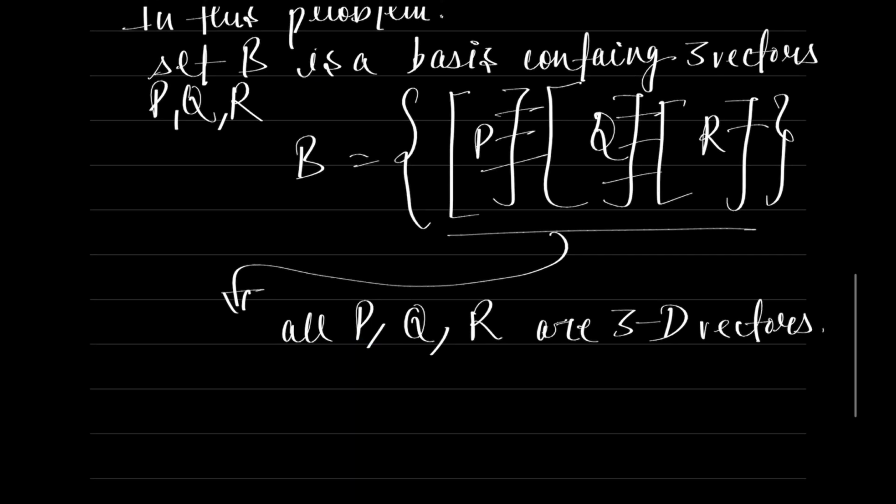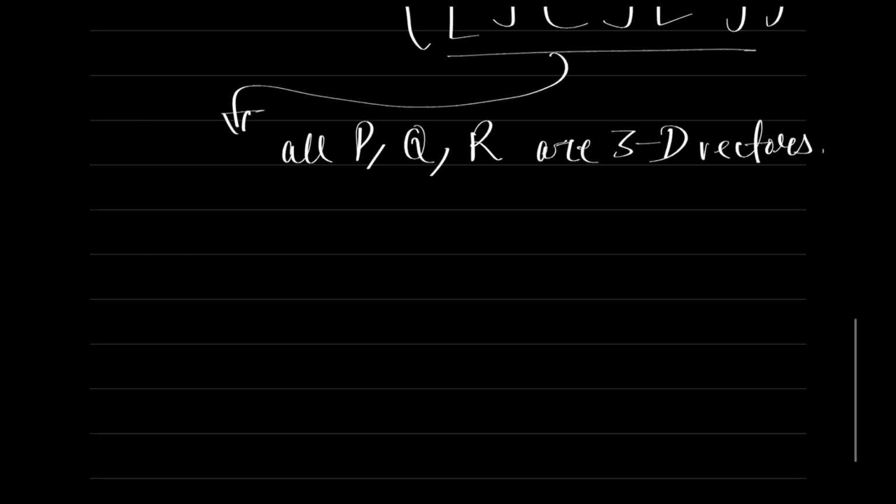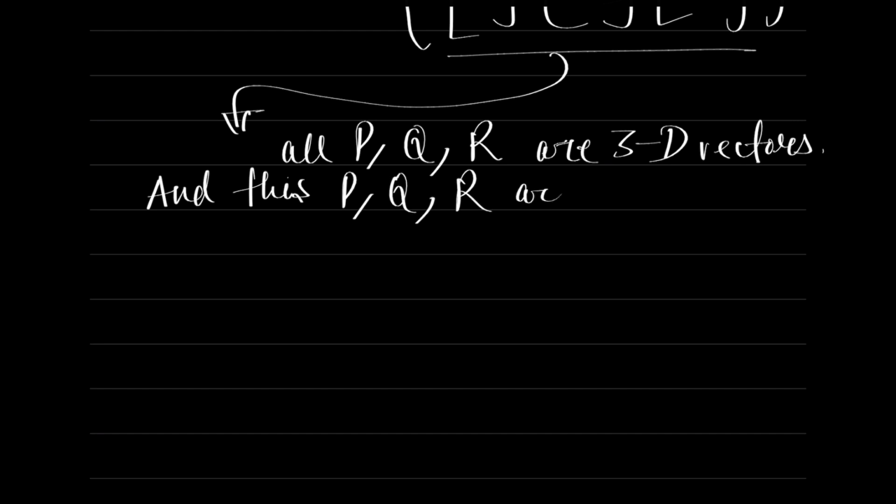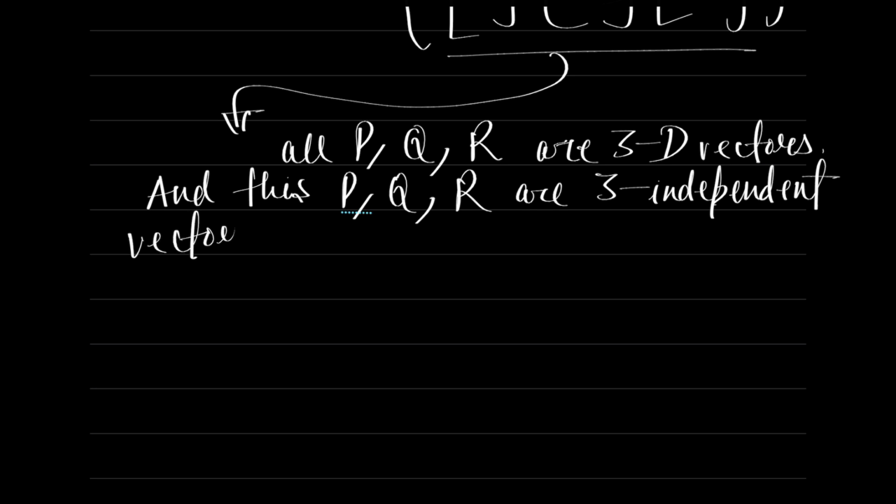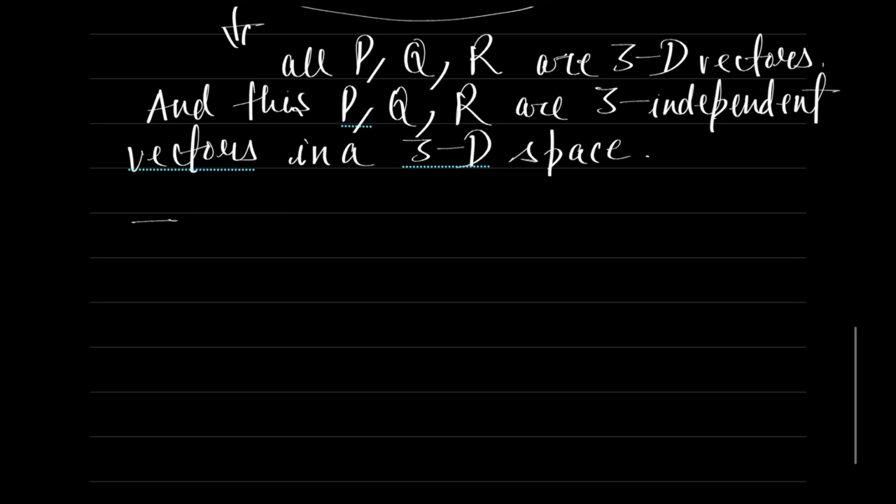And these P, Q, R are three independent vectors in a three-dimensional space.